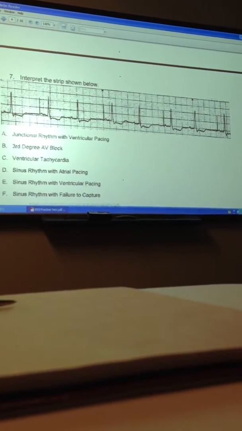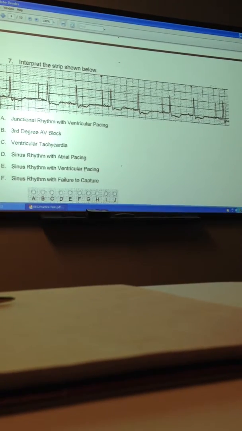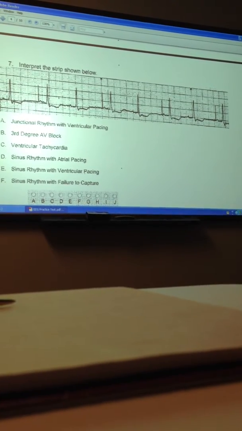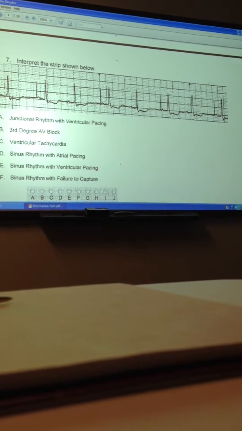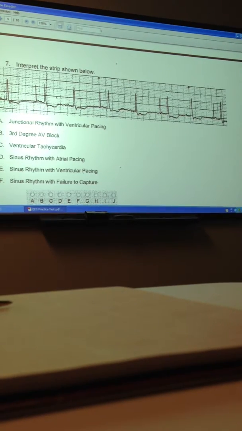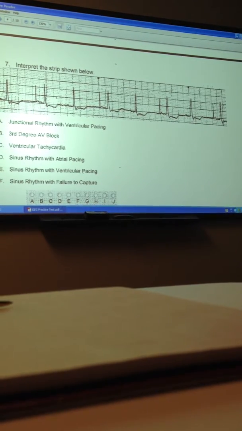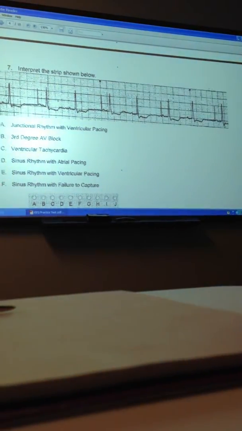Oh, there's this one. Tell me what you know. There's pacer spikes, so we got a pacer. What kind of pacer is it? Atrial pacer. And how do you know that? It's before your P wave.